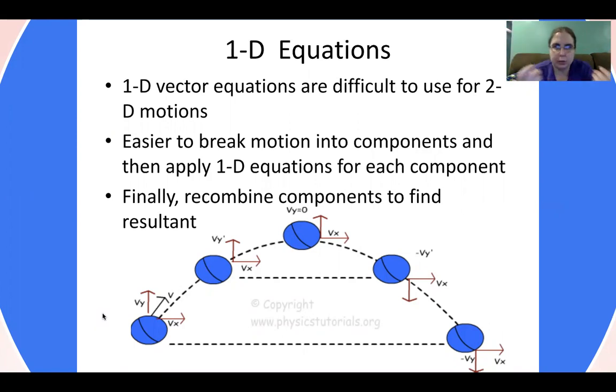So we have to take into account two things. Therefore, it's easier to break the motion of an object down into components. Then once we break it down into components, we can apply the equations for the X components as well as for the Y components. Then we can recombine them just like before in order to find our resultants.